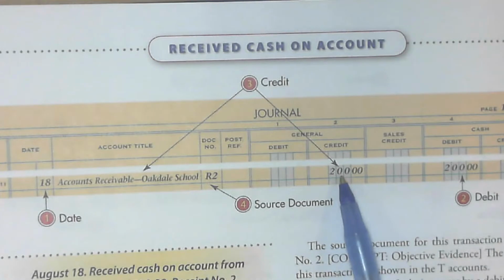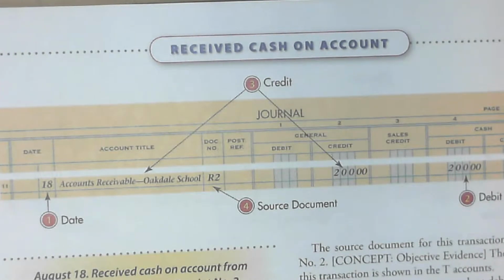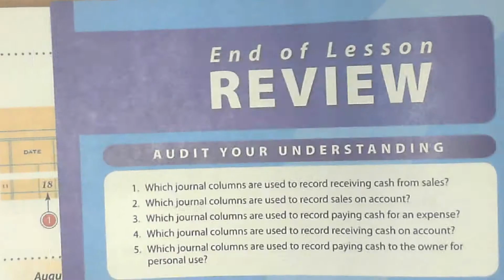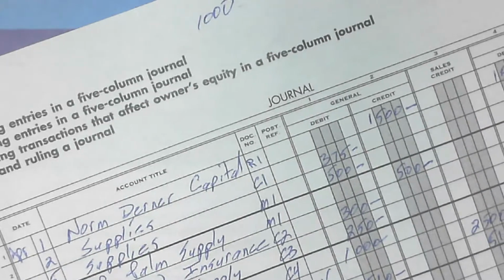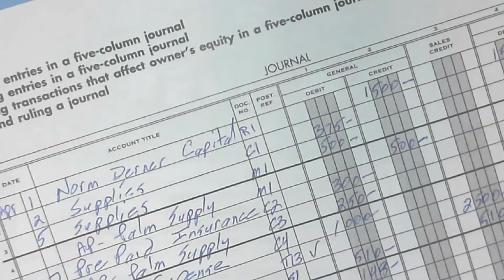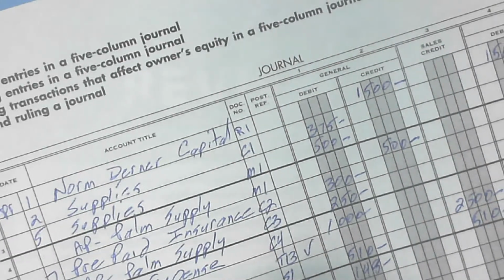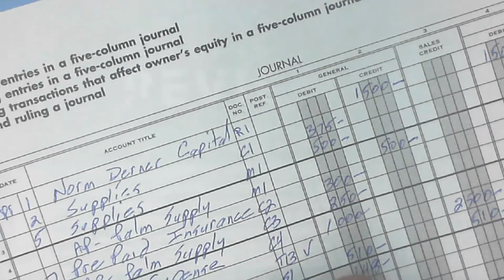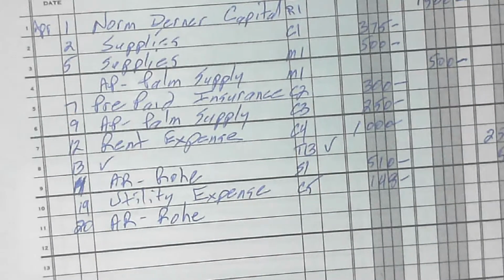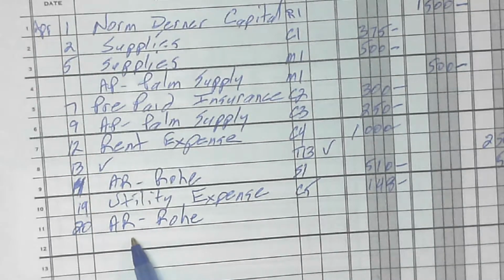So we're going to have a general credit and a cash debit. Actually, probably go ahead and write AR Rohe, because we received the cash, so it's an account receivable.